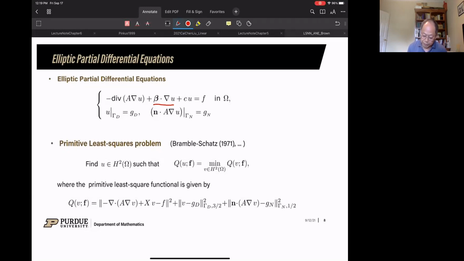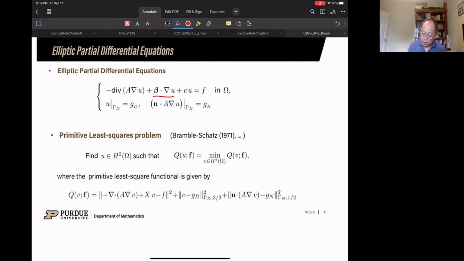Basically, what they do is just apply the least square to the original equation. That's what you see here. And then the boundary conditions, Dirichlet and Neumann. One thing I want to point out is that for the equation, they use the L2 norm. For the Dirichlet boundary condition, in order to make this a least square where every term is balanced from a mathematical point of view, the norm should be the 3/2 derivatives.